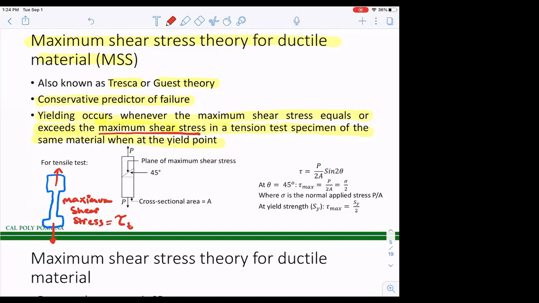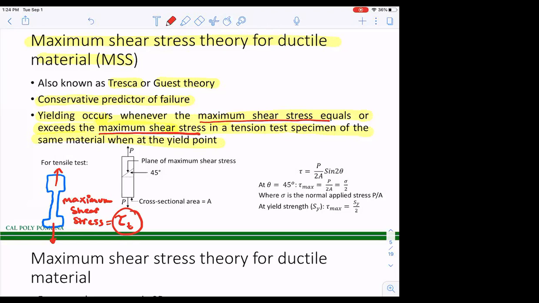And for any structure made of the same material, if the maximum shear stress becomes equal to this tau t, then we are going to say that, hey, the material yielded, it failed.